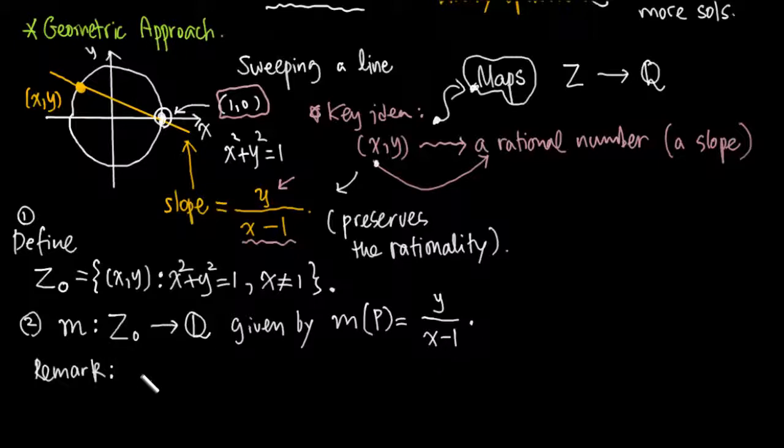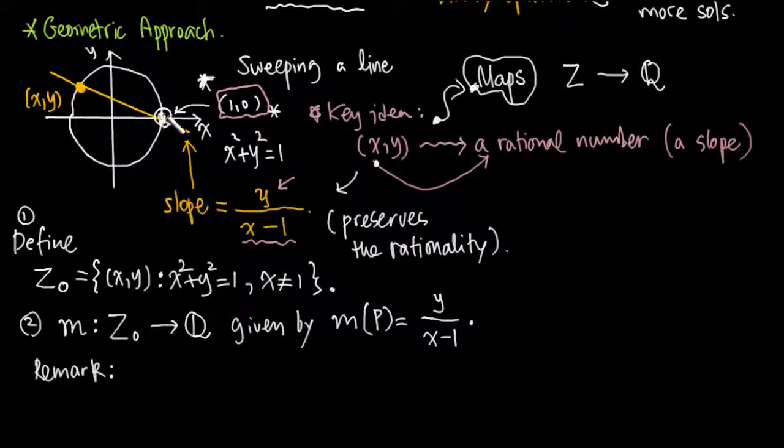One remark I'd like to make here is that there is nothing special about this unit circle. You can imagine a more complicated curve than this. The key point is that you still need one single rational point on it.